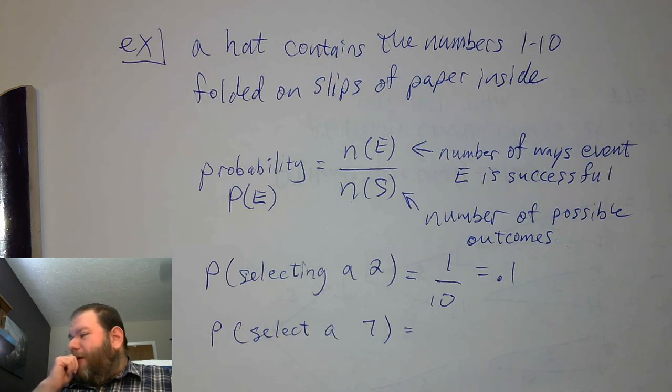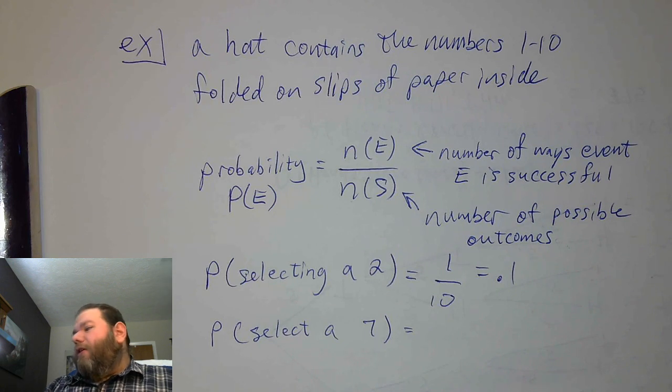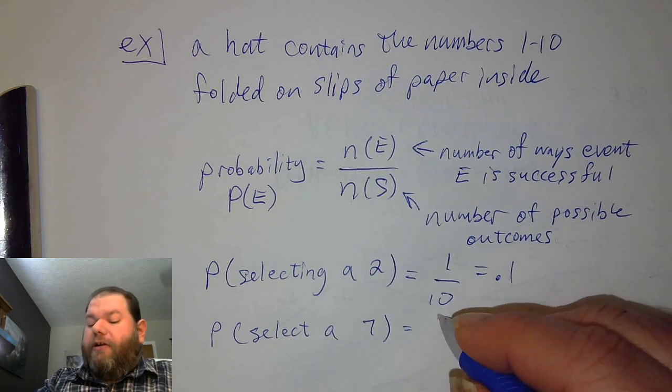No? No, it doesn't change. I think that's what you're responding to, Haley. Yeah, the probability doesn't change whether we're selecting a 2 or a 7. So it's 1 out of 10, correct.